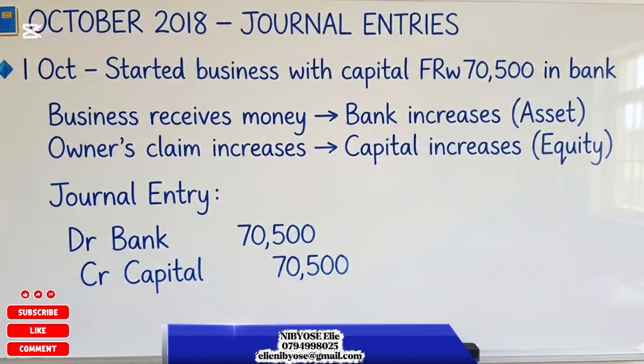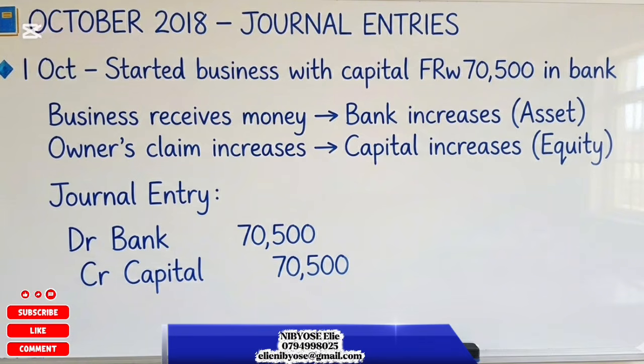We are going to start with the transaction that took place on the 1st October, where the owner of the business started the business with capital of 70,500 Rwandan francs in bank. This means that the business receives money and the bank increases as an asset, and owner's equity or capital also increases. And we all know that when an asset increases, we debit.